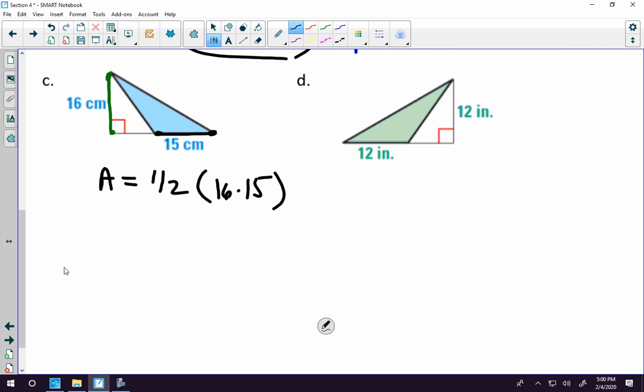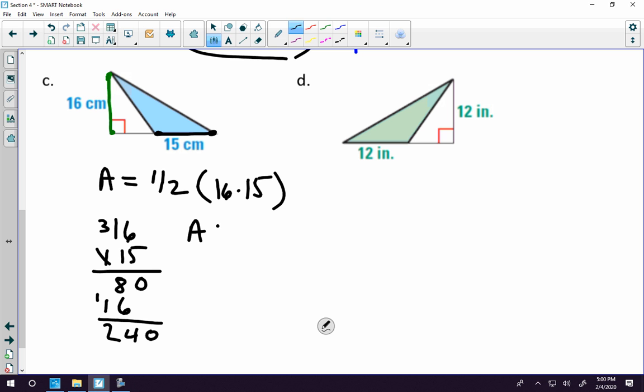We figure out what 16 times 15 is. 6 times 5 is 30. Carry the 3. 5 times 1 is 5 plus 3, 8. 6 times 1 is 6. 1 times 1 is 1. Add 0. 4, carry the 1. 240.